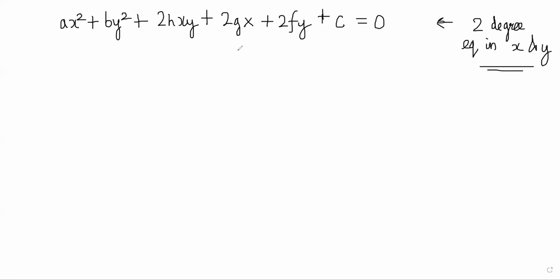And you can see here that there are all types of terms. There is x square, y square, xy, which is a degree 2 term. There are linear terms here, and there is a constant term, which is degree 0, right?